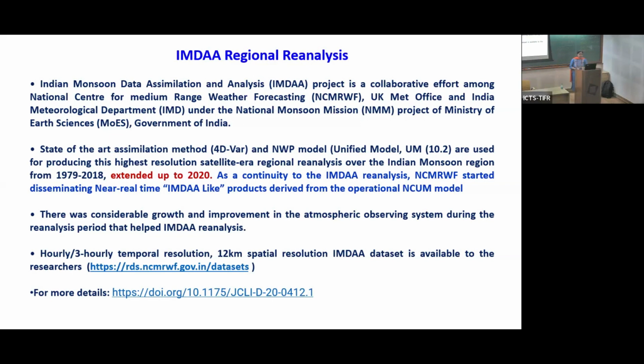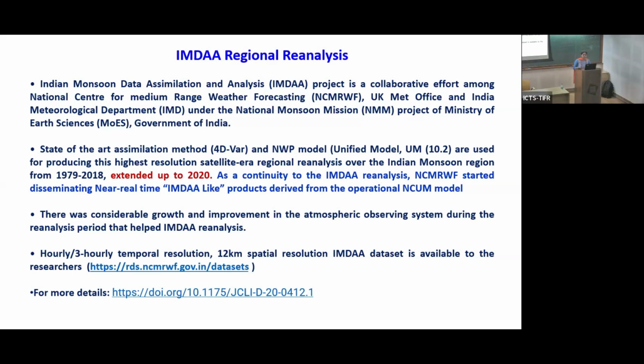We use the state-of-the-art data assimilation method 4D-Var, and the NWP model is the Unified Model, producing the highest resolution satellite era regional reanalysis over the Indian monsoon region from 1979 to 2018, and we extended it up to 2020. As a continuity to the IMDAA reanalysis, NCMRWF started disseminating near real-time IMDAA-like products derived from the operational NCUM model.